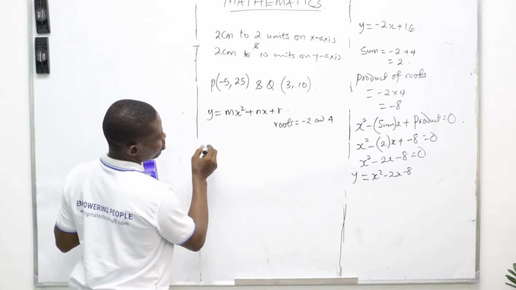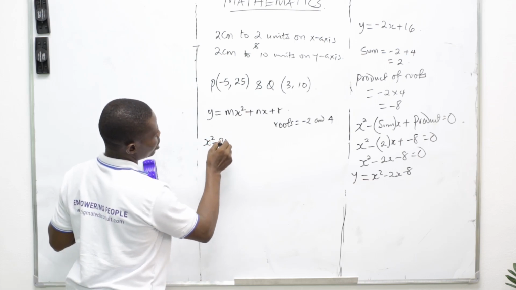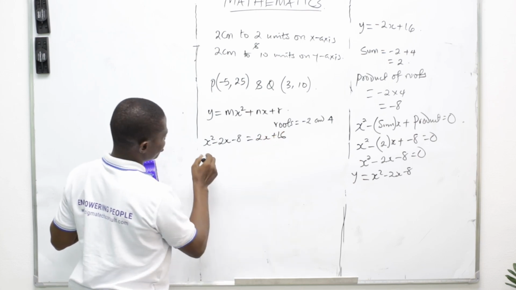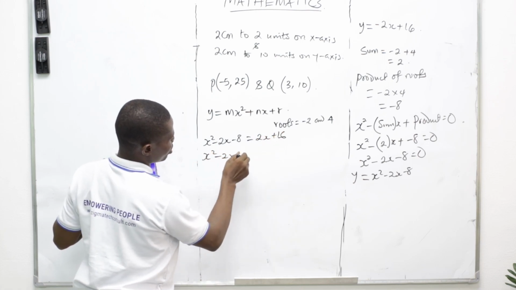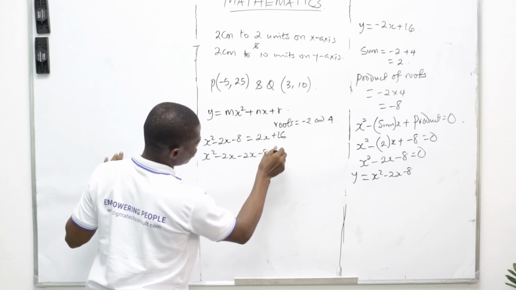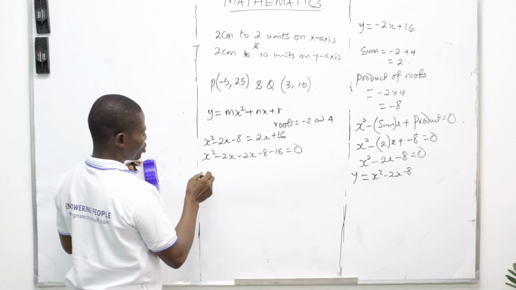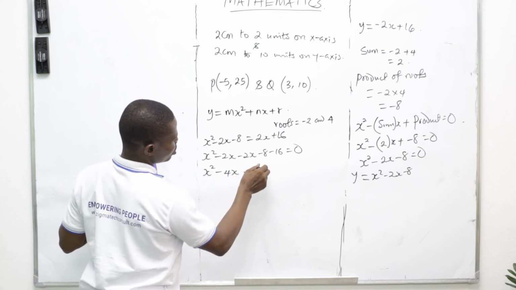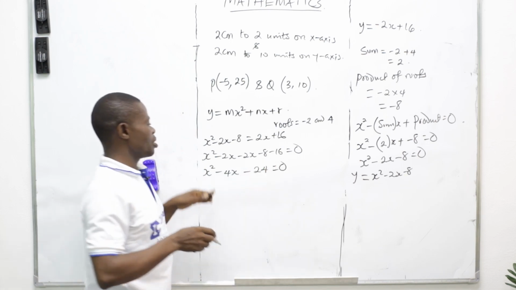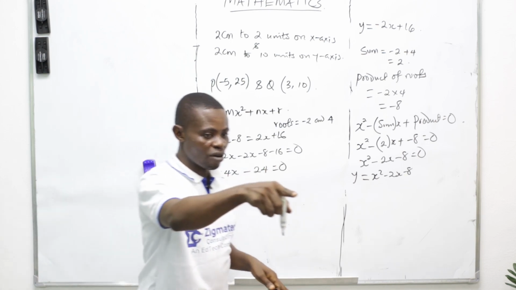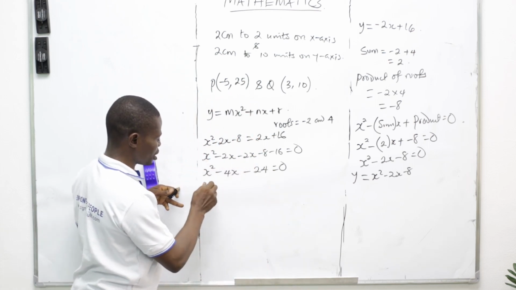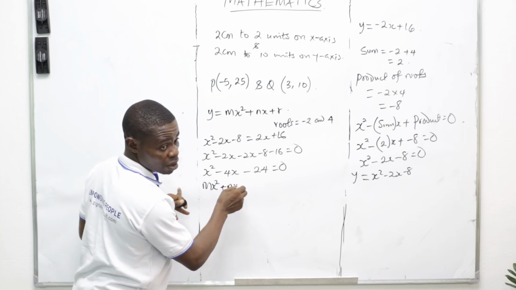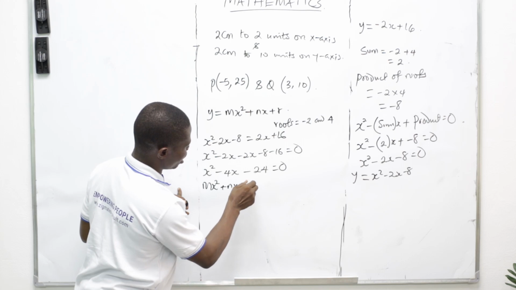So we have that x squared minus 2x minus 8 equals minus 2x plus 16. x squared minus 2x plus 2x minus 8 minus 16 equals 0. So x squared minus 24 equals 0. By comparison, we have an existing equation which is standing as mx squared plus nx plus r.